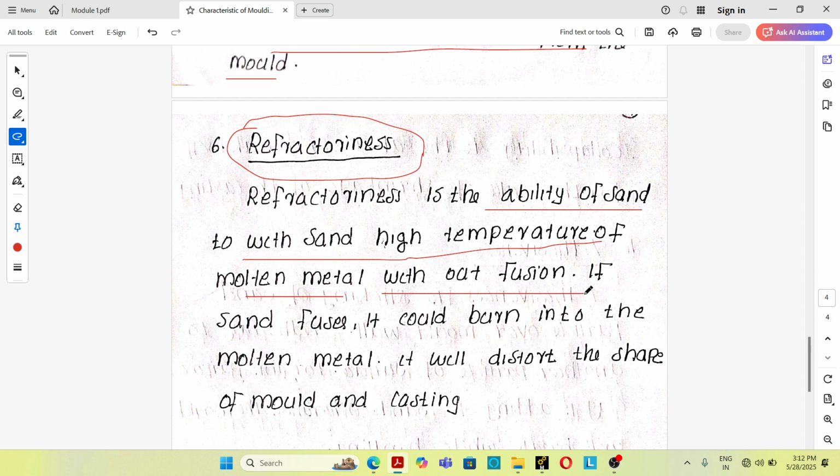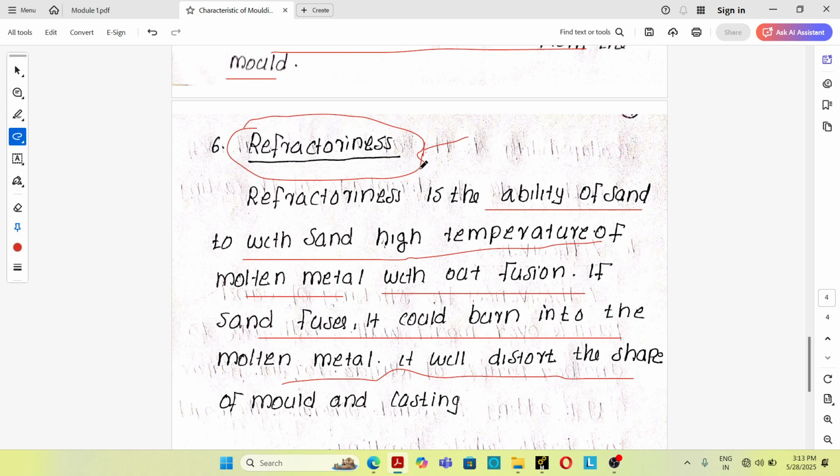So refractoriness is the ability of sand to withstand the high temperature of molten metal without fusion. If the sand fuses, it could burn into the molten metal. It will distort the shape of the mold and casting. So sand used for sand casting mold making should have sufficient refractoriness.